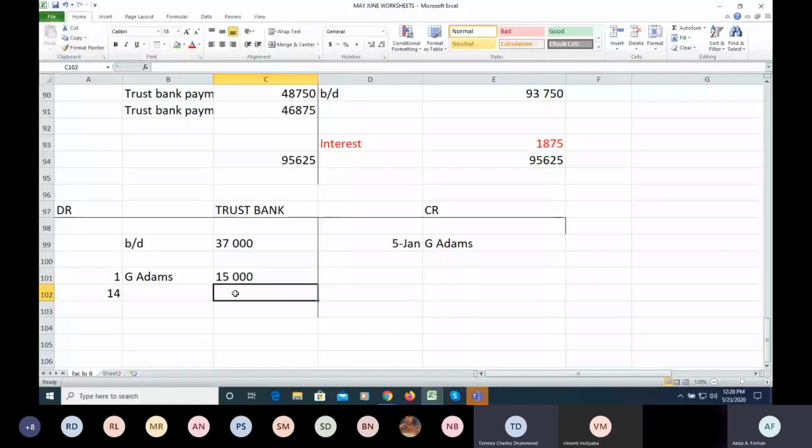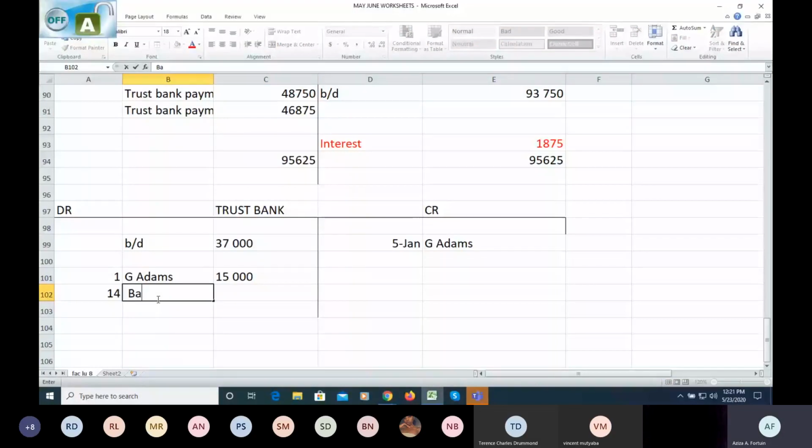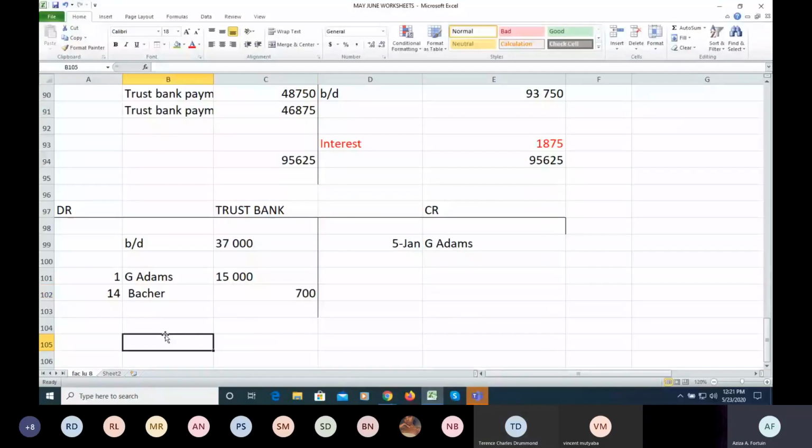Okay, so G. Adams deposited the 15,000. And then on day 14, the 700 was received from Candace, the combined check for Bacher. Day 24, the divorce case was settled and Candace levied a fee of 4,000.